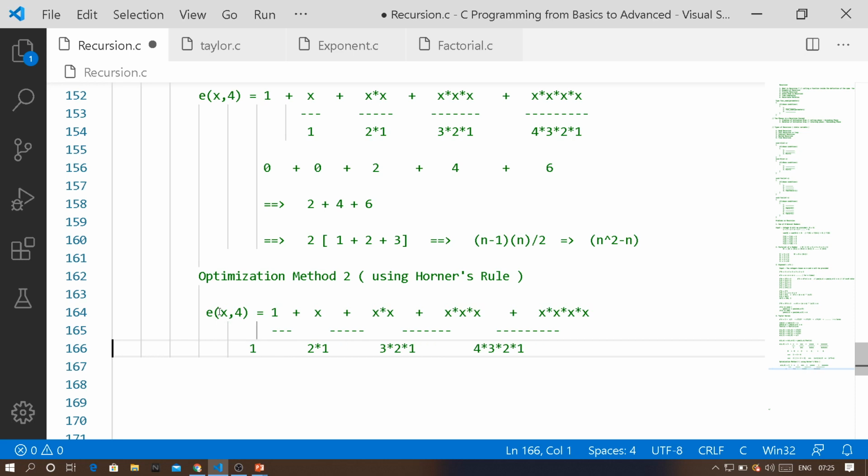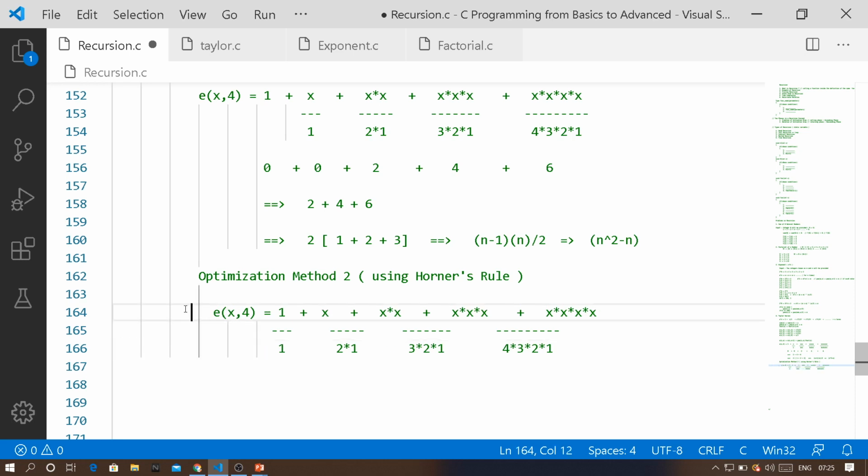Rather than writing x multiplied by x, x multiplied by x by x, let us change this into x square divided by 2 into 1.